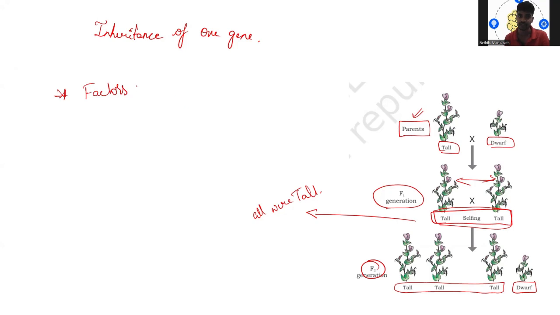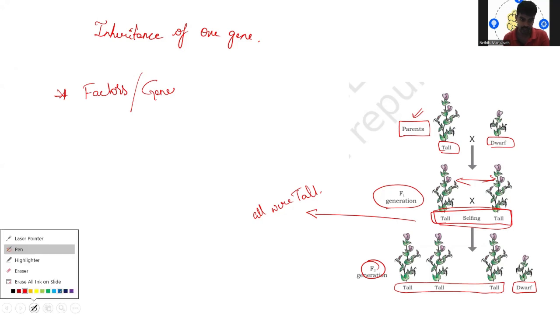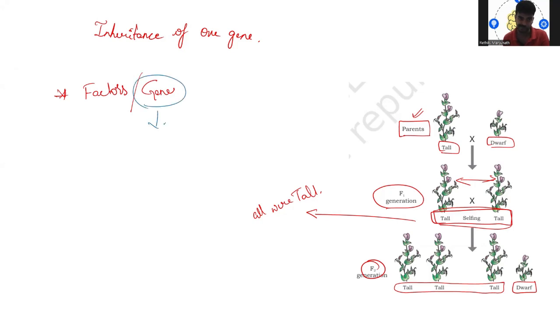He called them factors, which today we normally call gene or genes. So then what exactly do we mean by a gene? One thing we know is that it is the unit of inheritance.